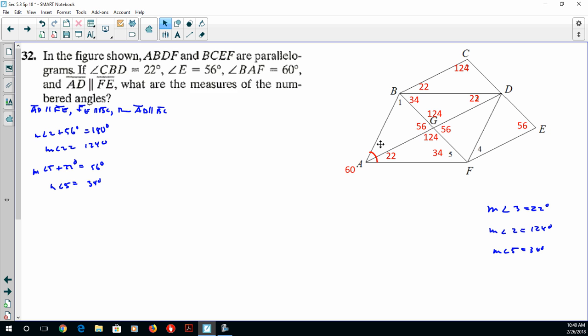Well, that's 60 minus 22, so that's going to be 38. Right.